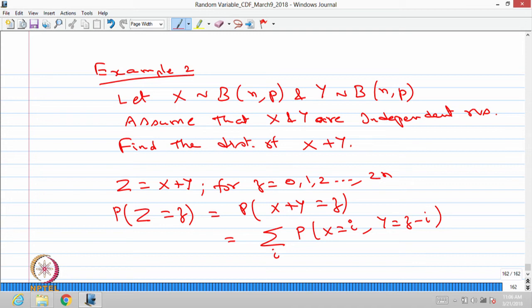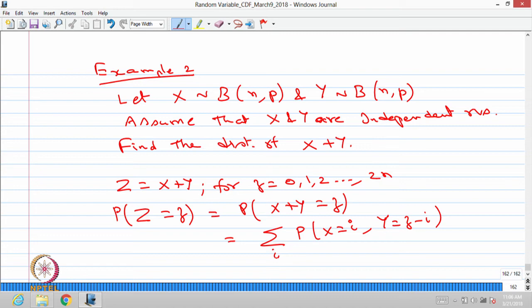I am just replacing the probability of x plus y equal to z with the summation over all possible values of i of the joint probability that x takes a value i and y takes a value z minus i.